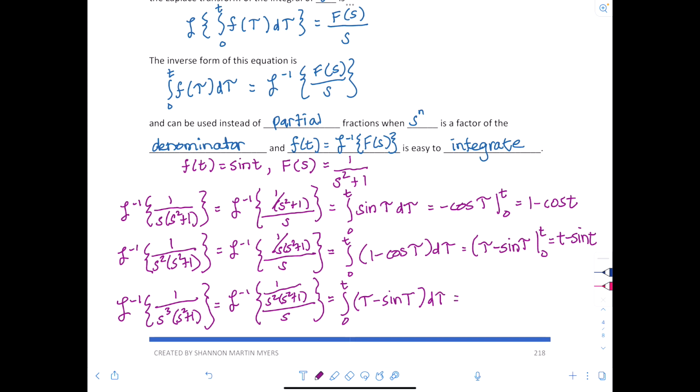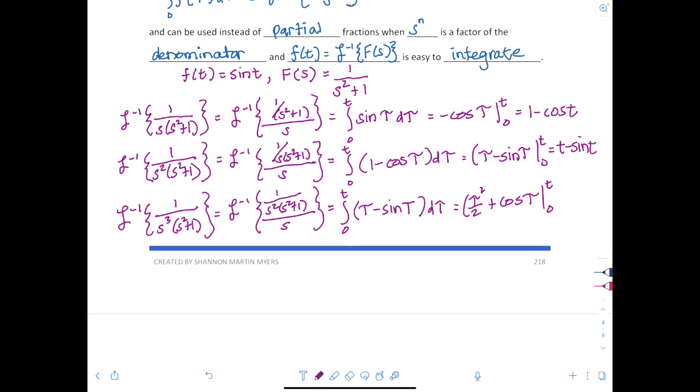That's going to be tau squared over 2. The integral of the sine function is minus the cosine function, so we'll have a plus cosine at tau. And tau is going from 0 to t. So that's going to give us what? T squared over 2 plus cosine t. And then we'll end up with the 0, we'd end up minus 0 plus 1. So we'll have a negative 1. So this would be t squared over 2 plus cosine at t minus 1.